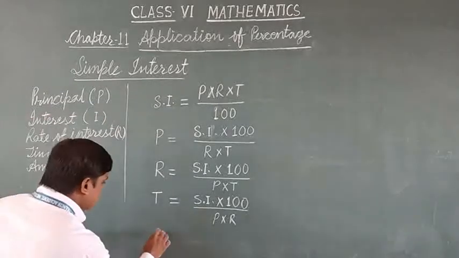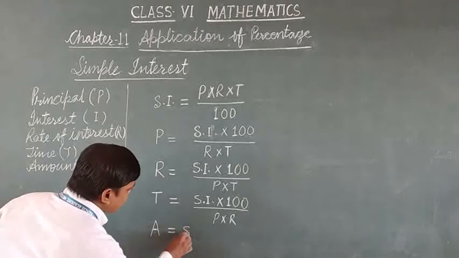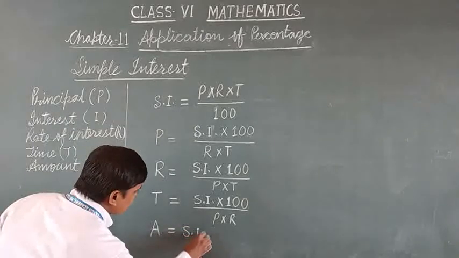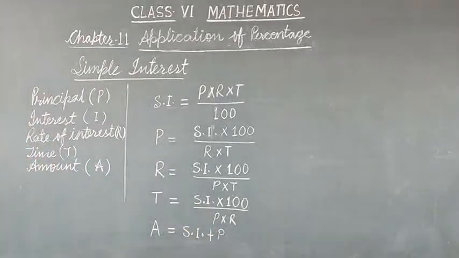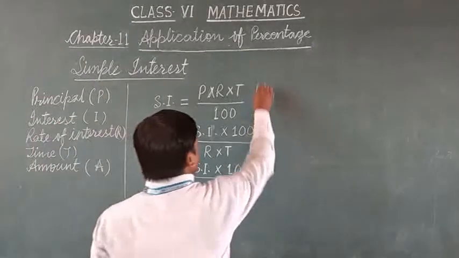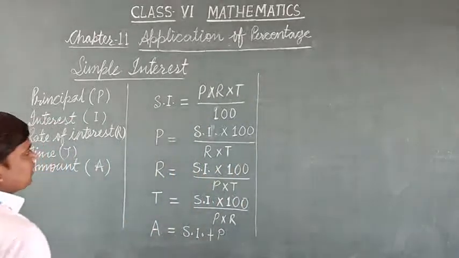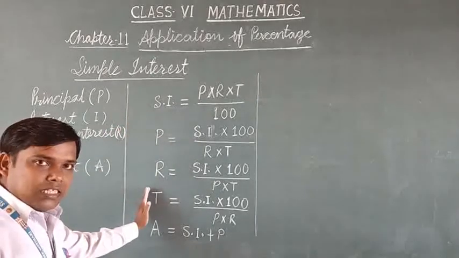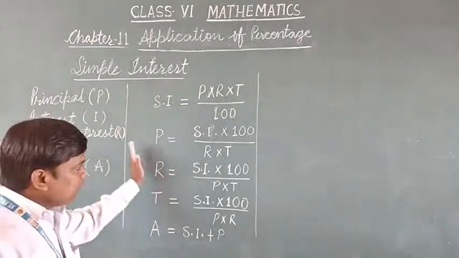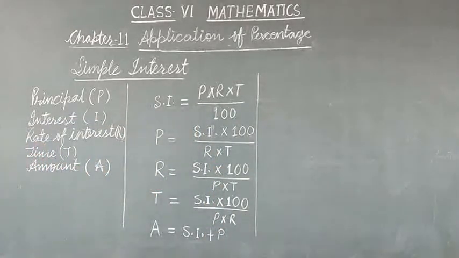And lastly, to calculate amount, we write A = SI plus principal. So the quantity which is listed on the left side, we use the relationship which is listed on the right side.